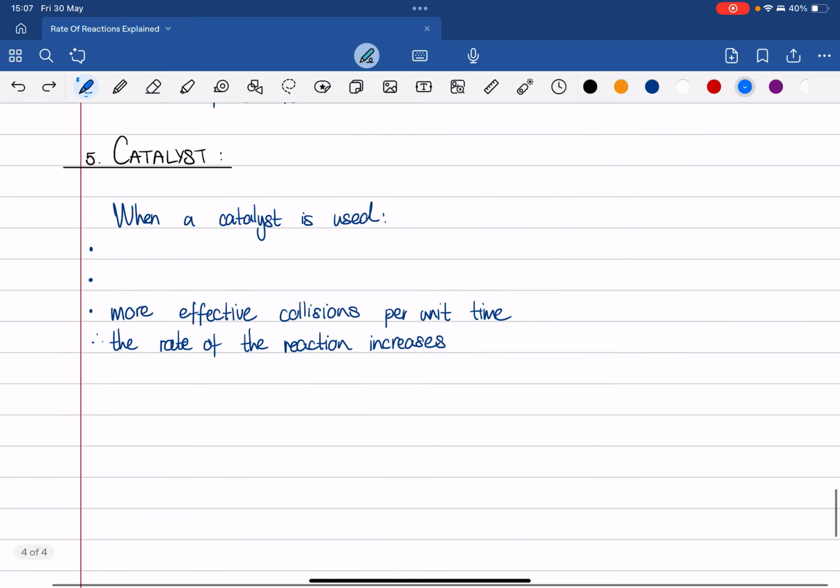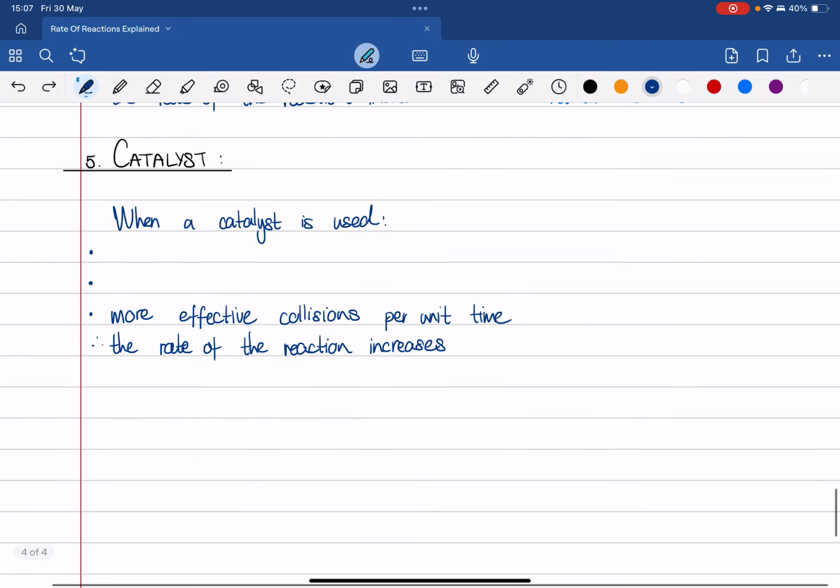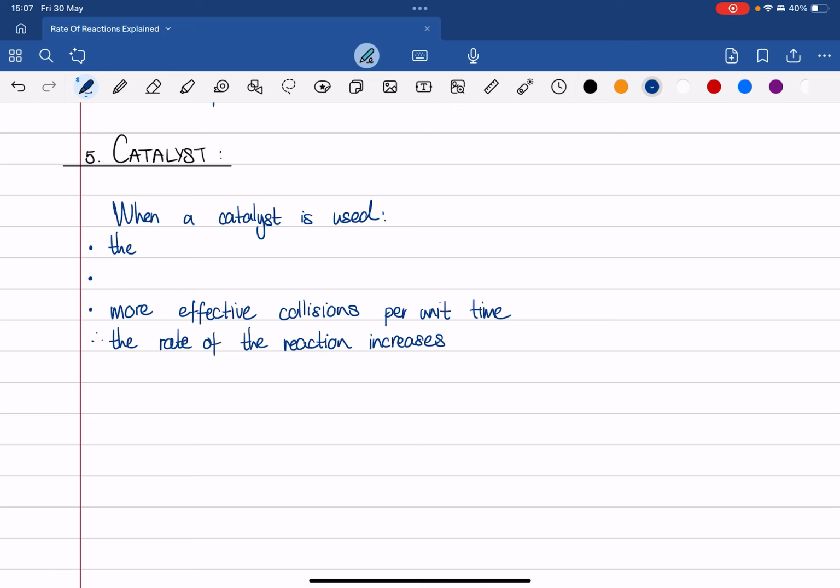Last, but definitely not least, it's the last one, the catalyst. Right? So what happens when you use a catalyst? So when you use a catalyst, the activation energy, EA, so activation energy, is lowered. Right?